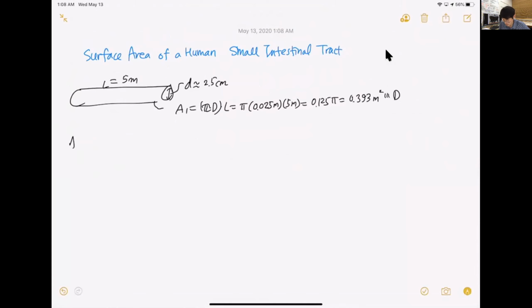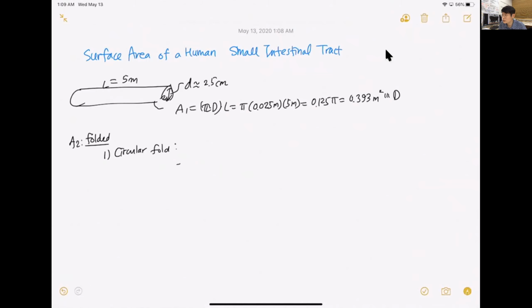Then how about A2, which is the folded, the real one. First, the circular fold, which is on the side of the luminal space.